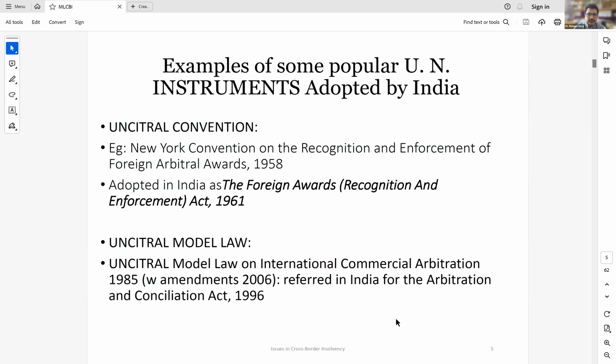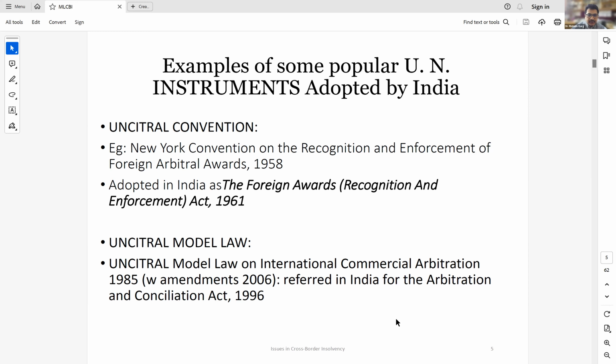So the convention is a treaty law, which is adopted by the United Nations. And that same law is adopted as it is by enacting it as law in India. So it is a draft law which is then enacted as an act in India.